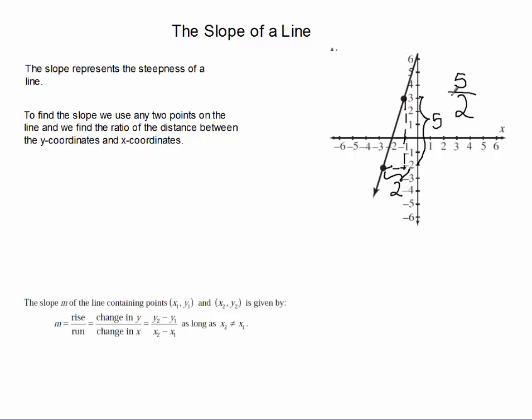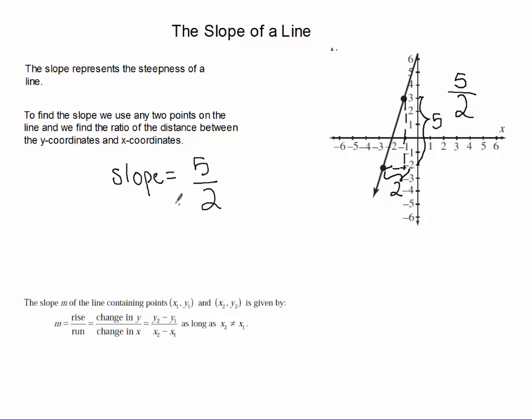This ratio represents the steepness of my line. So the slope of this line would be 5/2. Again, the way we found the 5 is the distance between my two y-coordinates, and the denominator is the distance between the x-coordinates.